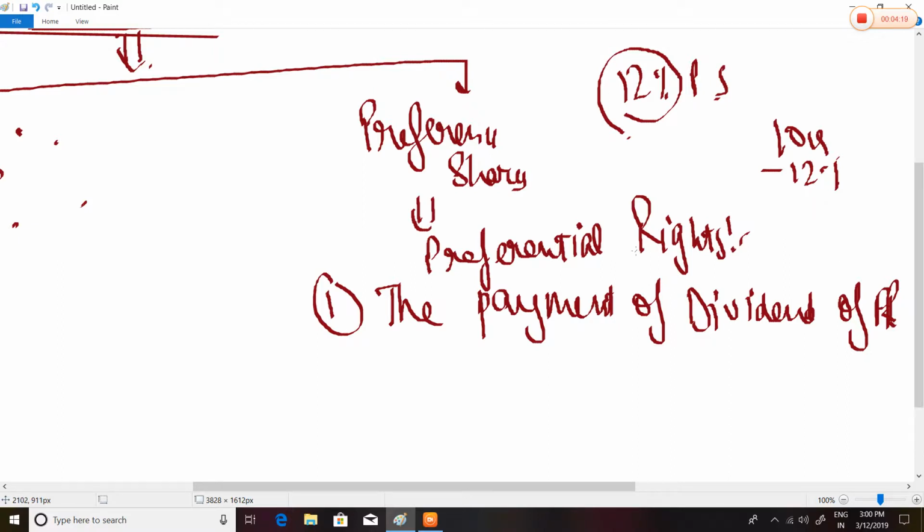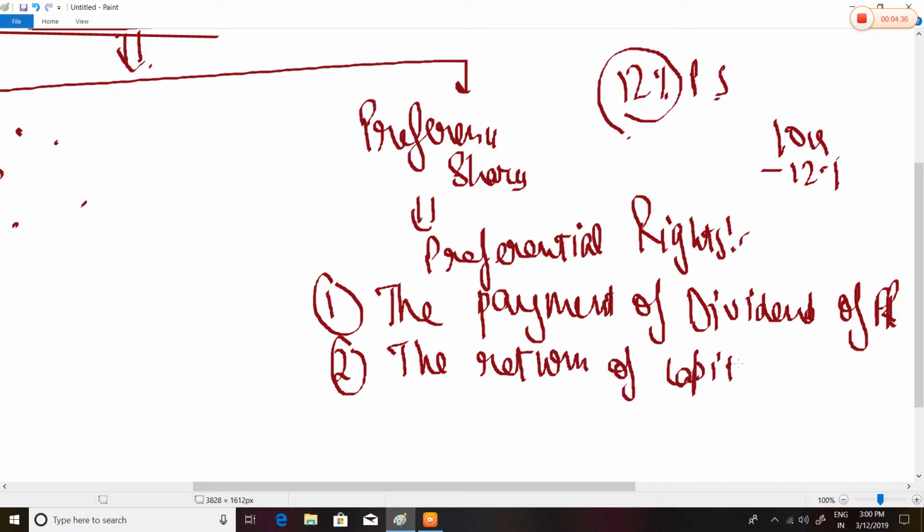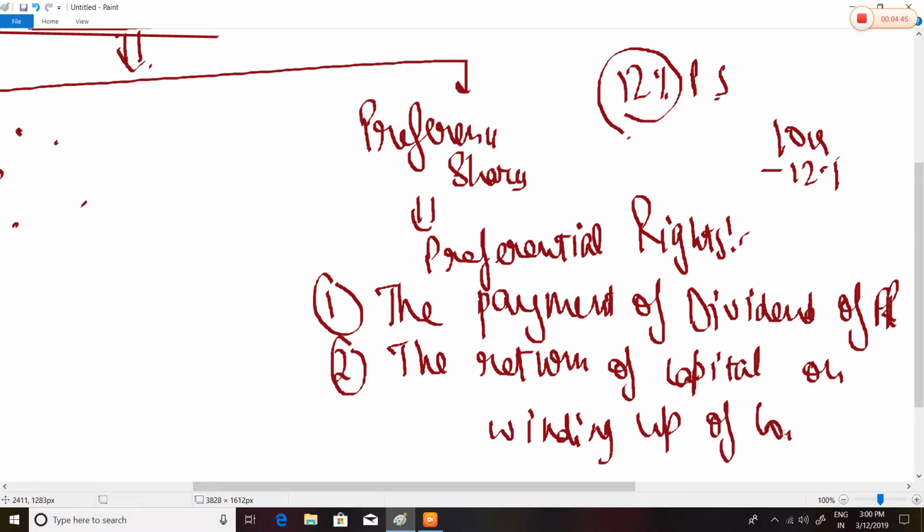And the second thing, it has the return of capital on winding up of the company.